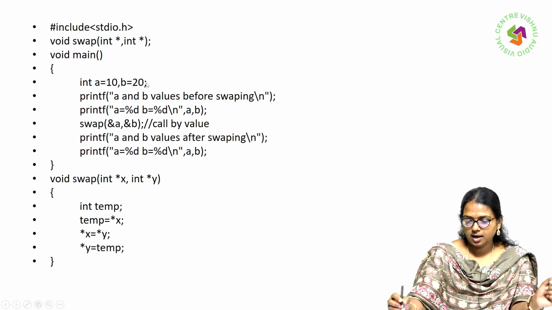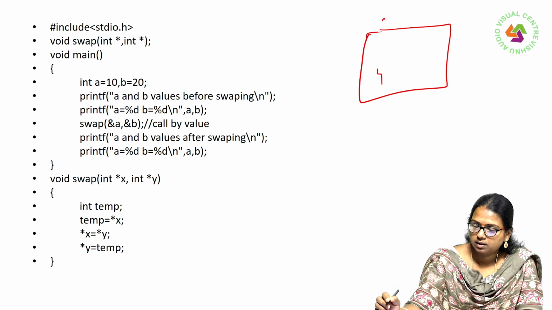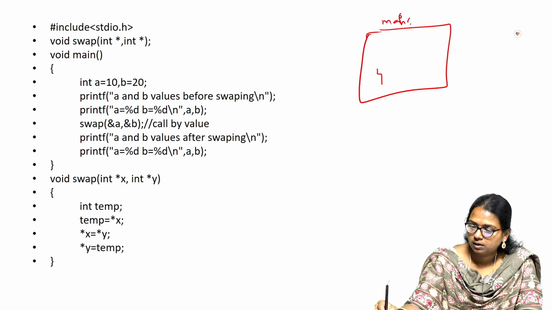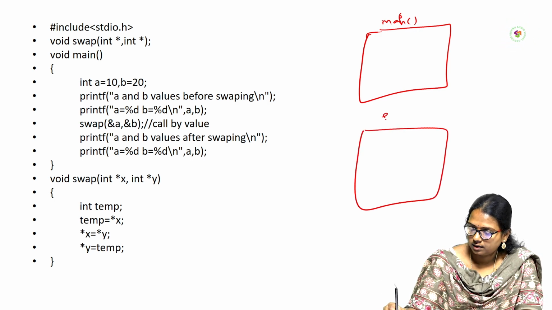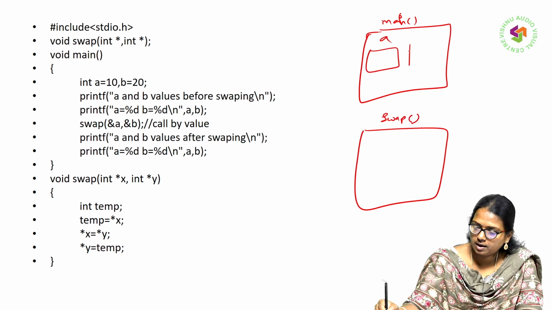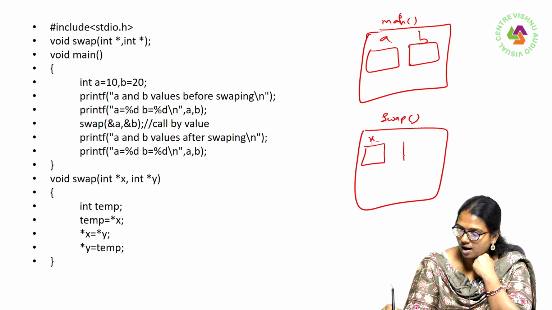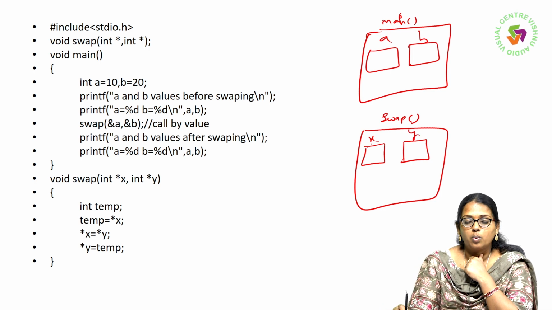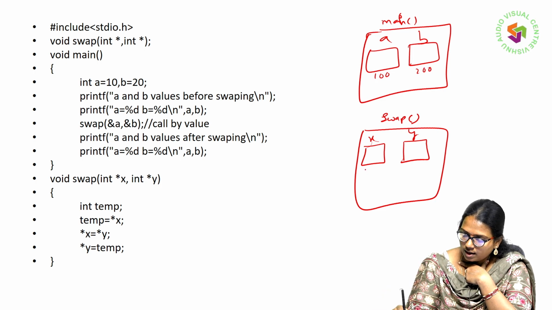See here. Again we have two functions, main and one swap function. Main has two variables A and B, and swap has two variables X and Y, which will hold addresses.